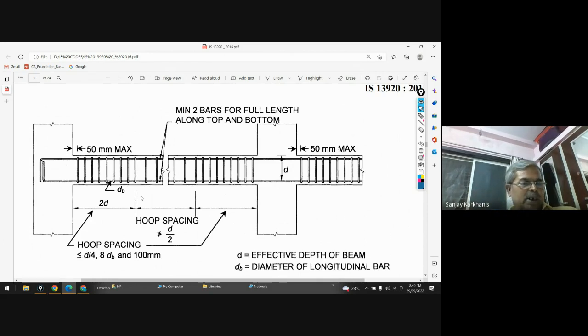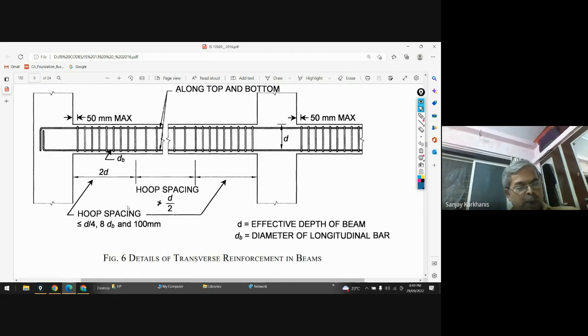You may provide it at 20 mm, 25 mm, 30 mm, but not more than 50 mm. So the first stirrup is provided at 50 mm from the face everywhere, where the distance will be calculated from the inner face of the column. Then these are the stirrups in the range of 2D.